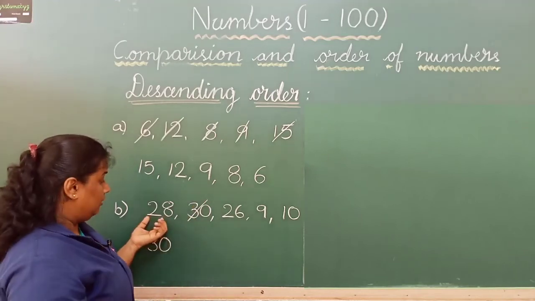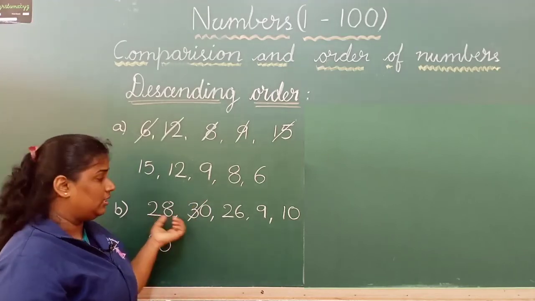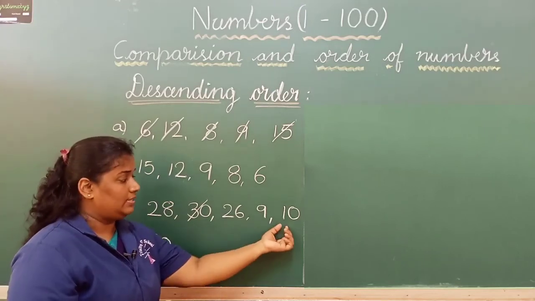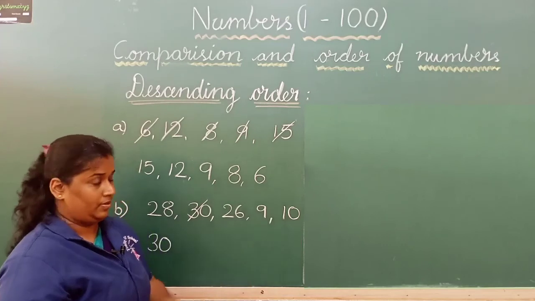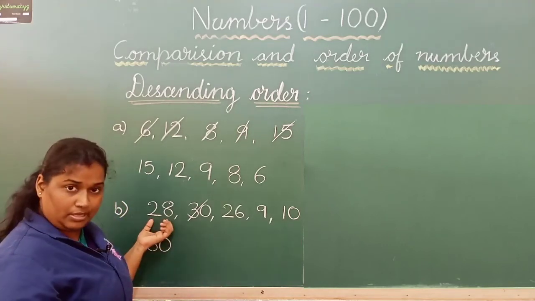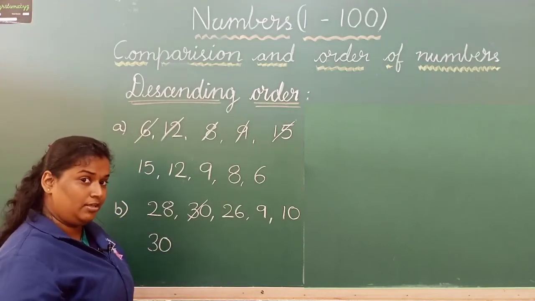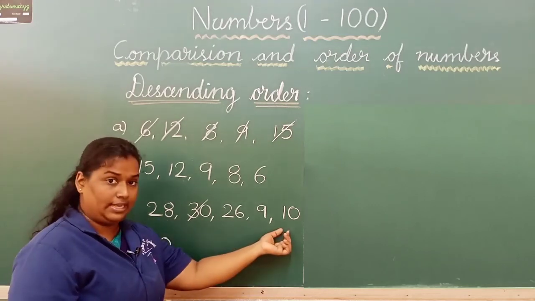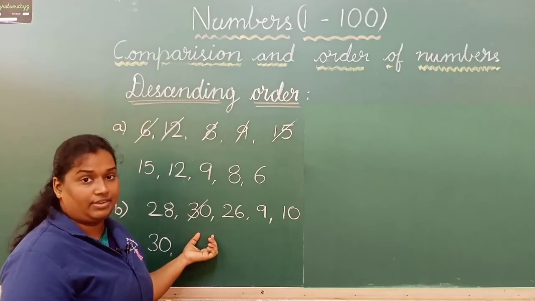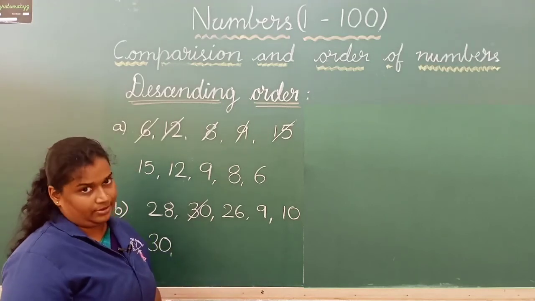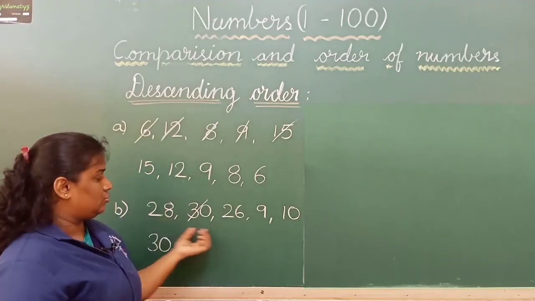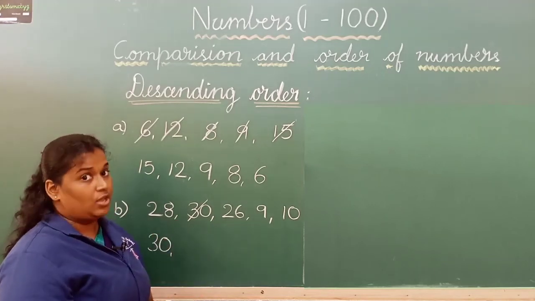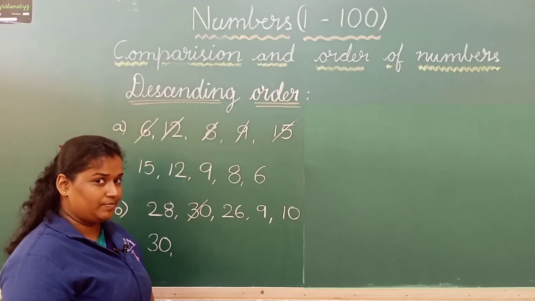Now we have 2 tens in 28, 2 tens in 26, 1 ten in 10. Among these 3 numbers, which is the next greater number? Exactly. Here we have 2 tens and 1 ten, and 2 tens is greater than 1 ten. So among these two numbers, 28 and 26, which is the greater number?